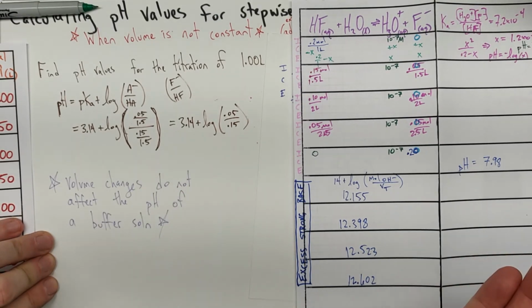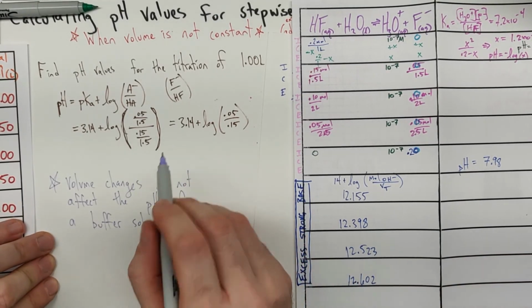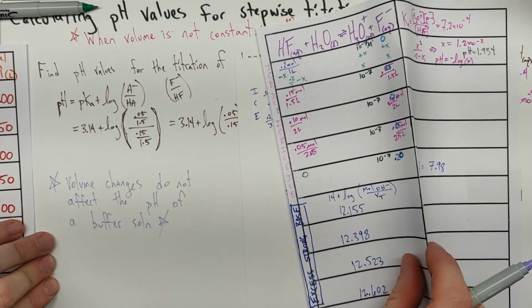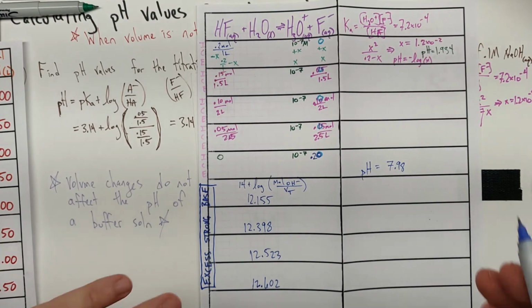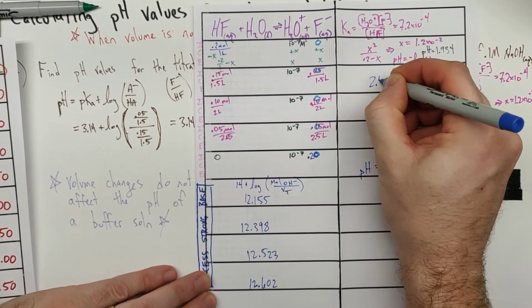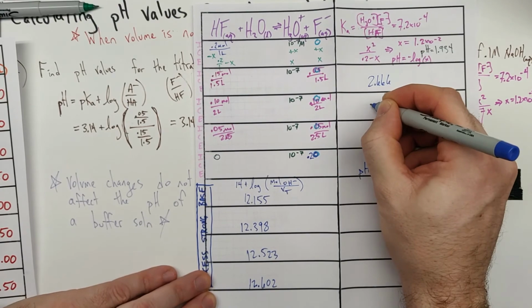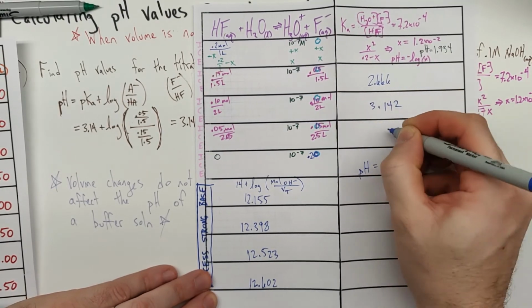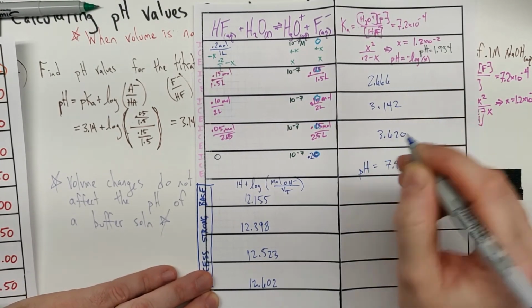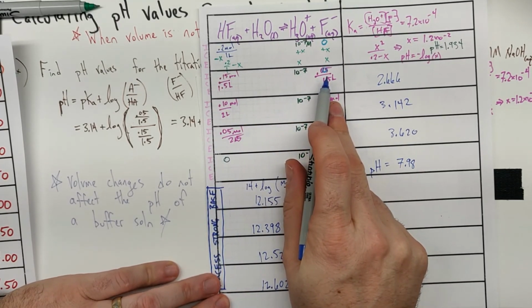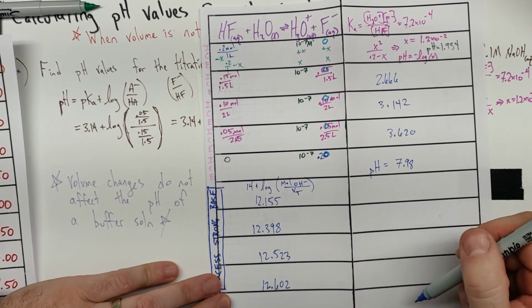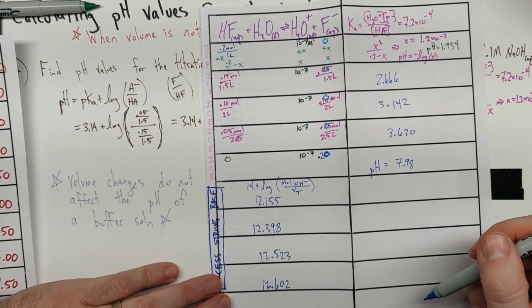So it turns out it doesn't matter. And then these numbers are the same ones that we had before. And we can fill those in. From our Henderson-Hasselbalch, we had 2.666, 3.142 and 3.620. And you could do ICE, you could turn those moles and volumes into molarities, but whatever. Henderson-Hasselbalch is so much more convenient for that.